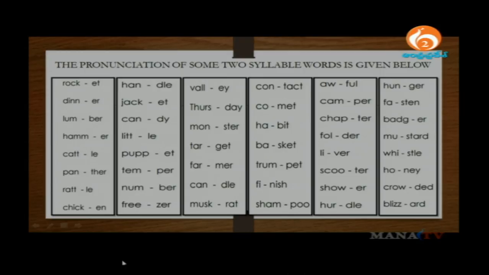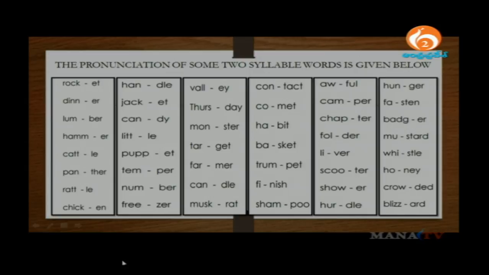Shampoo, shampoo. Awful, awful. Camper, camper. Chapter, folder, liver, scooter.